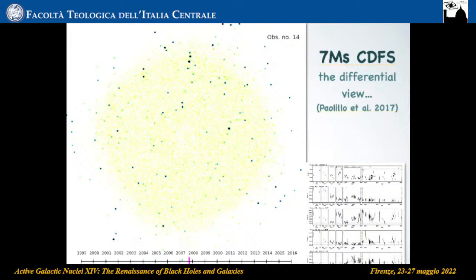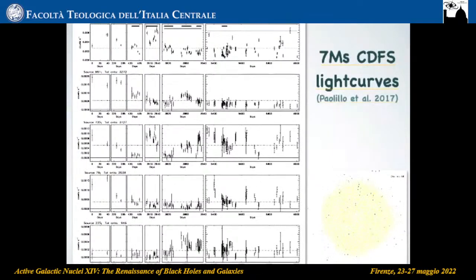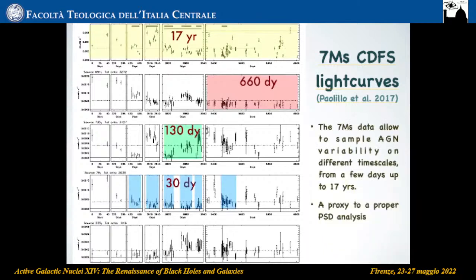So, for instance, in the Chandra Deep Field South, you can clearly see, when you observe epoch by epoch, how these sources vary and how they switch on and off. And looking at sources relative to one another, you can see that the variability is actually real, because there can be some noise in the outskirts, but it's there. And in fact, the light curve looks like that. These, of course, are the best examples, and this is over 20 years.